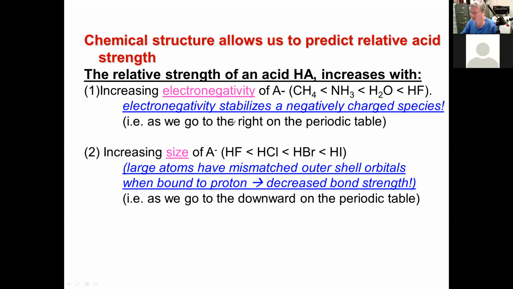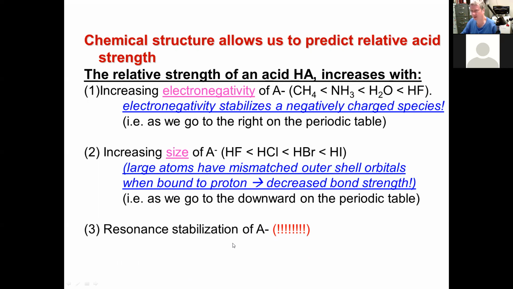Okay, cool. So the other big thing, I'll say the most important thing probably for organic chemistry, is resonance stabilization of A minus, right? If you have resonance stabilization of the conjugate base, that would maybe increase the acidity, right? What if you don't have resonance stabilization? You have a conjugate base with no resonance stabilization.